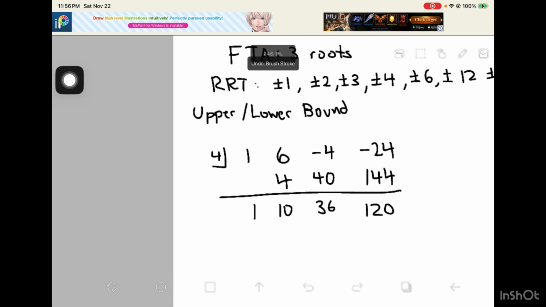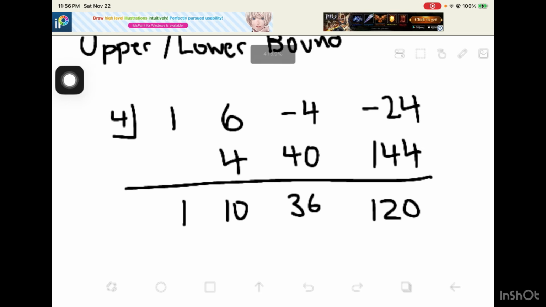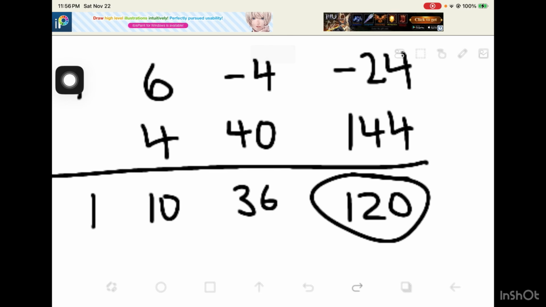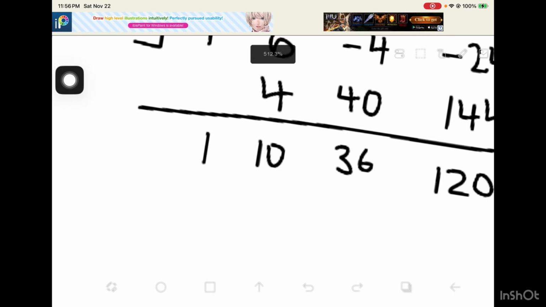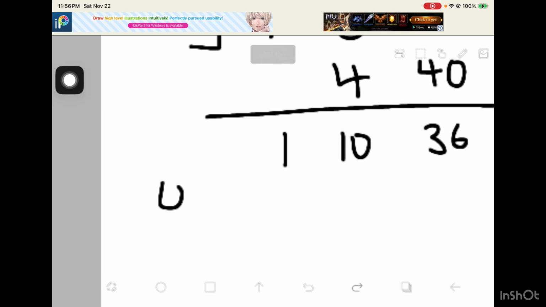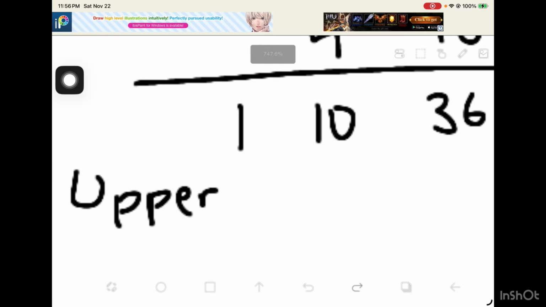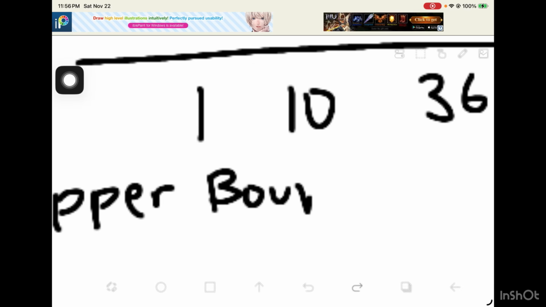And think about it. If we make the number 4 higher, what do you think will happen to this remainder? It will just become higher. So number 4 could be our first upper bound.